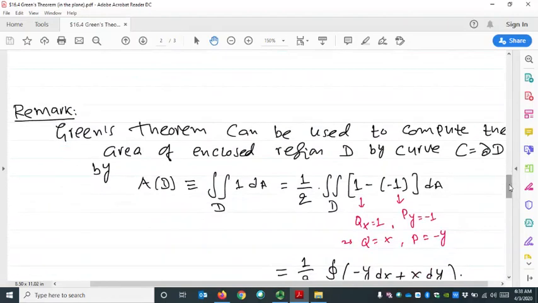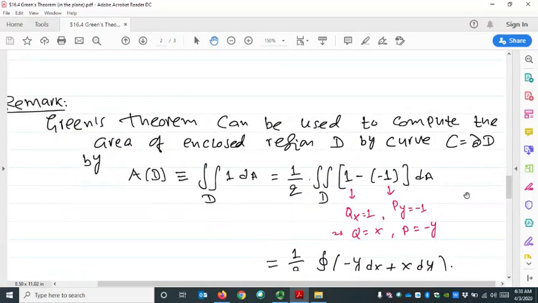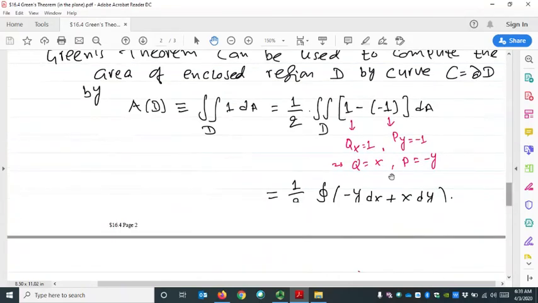I have a quick remark. Green's theorem can also be used to compute the area of a closed region bounded by a curve by this formula. This is the notation for the area of the domain or region D bounded by C. So A(D) equals the double integral, to find the area, where the integrand function is 1 dA.